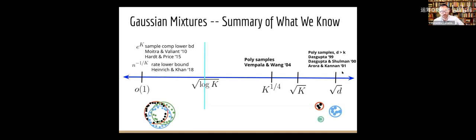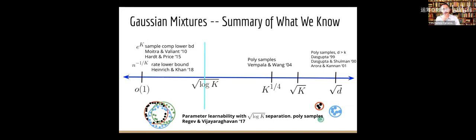So we need a polynomial number of samples and also polynomial computational effort to estimate the parameters. Then in 2004, Achlioptas and McSherry showed, again with a polynomial time algorithm and a polynomial number of samples, so efficient learnability, that we're able to get down to the k to the 1/4 separation. As I'll show, anything below square root of k is non-trivial.